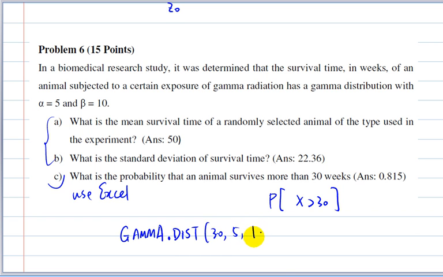Alpha is 5 and beta is 10. Then use the parameter called true. True means you're calculating the area to the left side of the value 30.